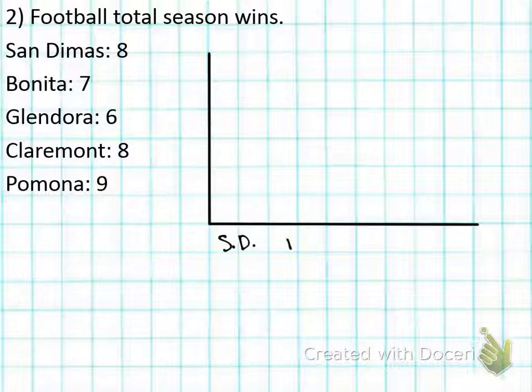Bonita, BON. Glendora, G-L-E-N. Claremont. And Pomona. Okay, so that's the second step.